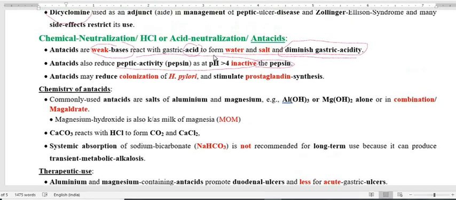Other than this chemical neutralization, the antacids also reduce the colonization of bacteria. So this helps to check peptic ulcer, and they also stimulate prostaglandin synthesis. So this is about the action of the chemical neutralizer.